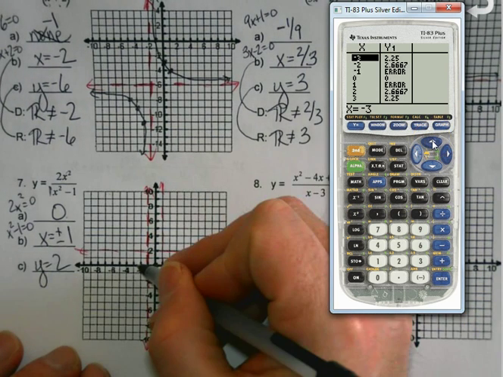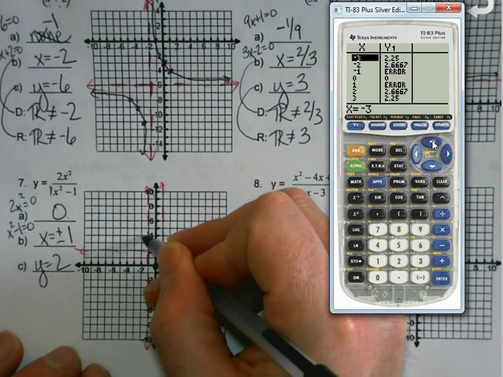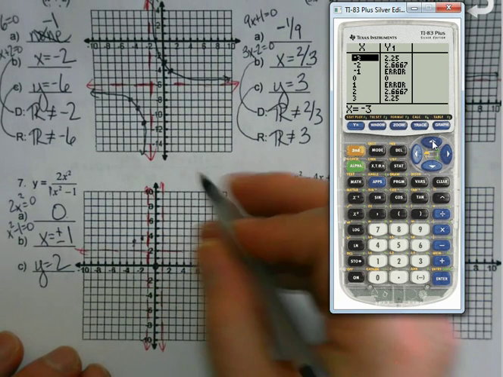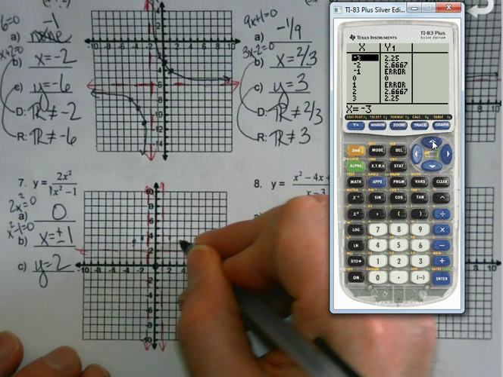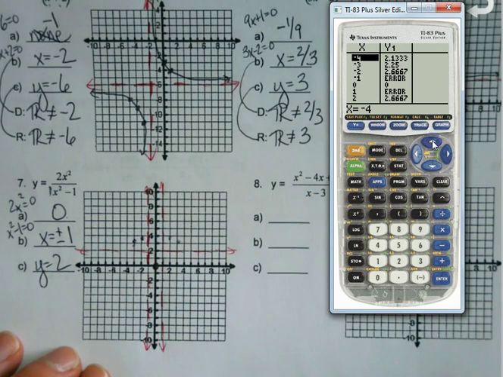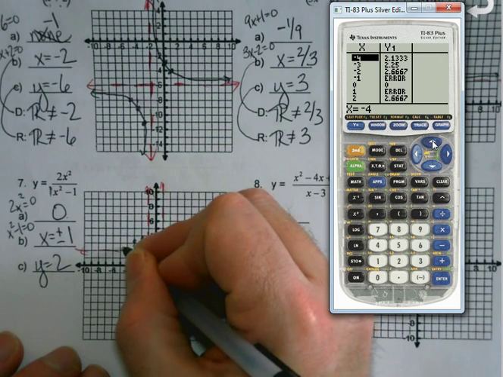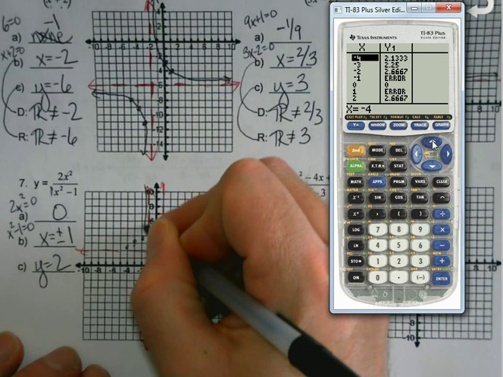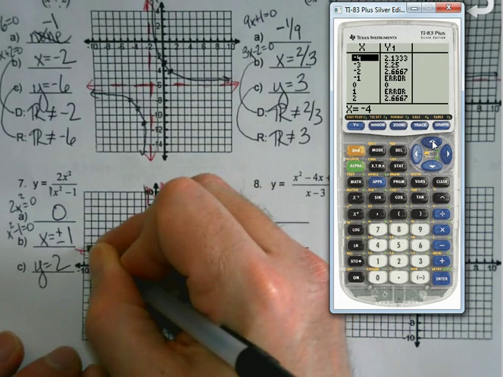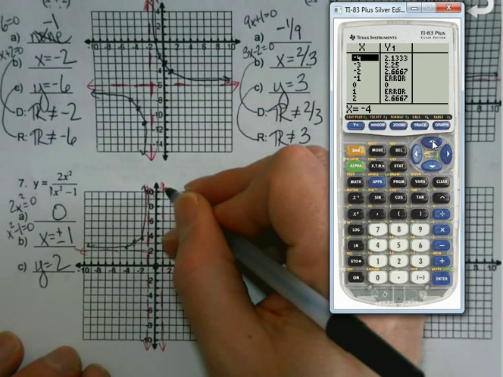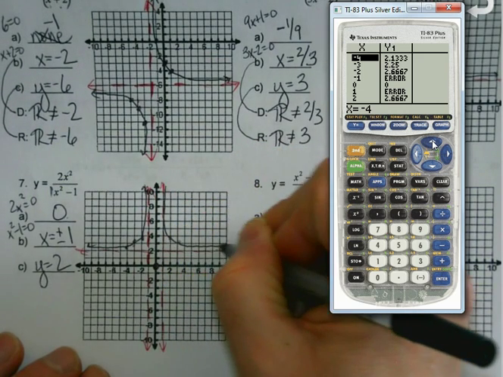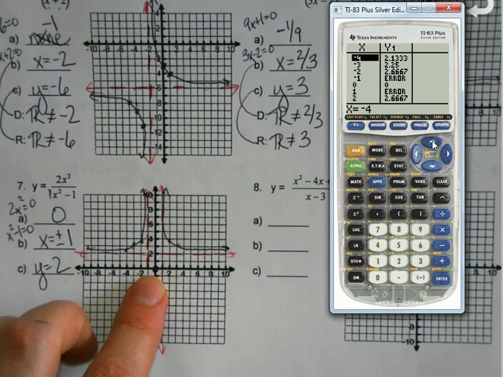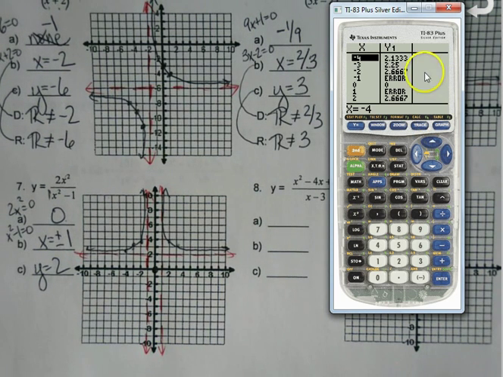And then basically what I do is I'm going to go ahead on each side, get my branches in there, and I'm going to let the calculator help me a little bit here.